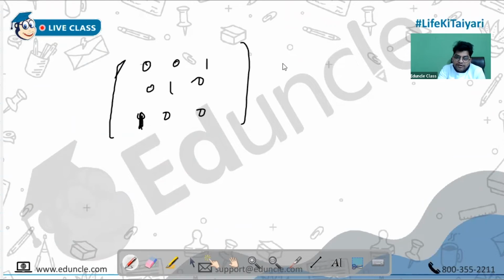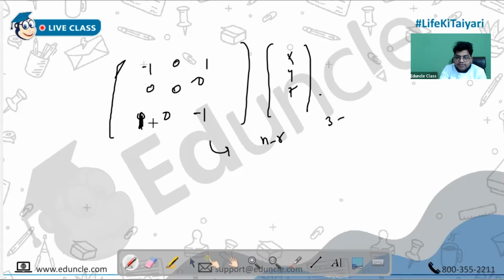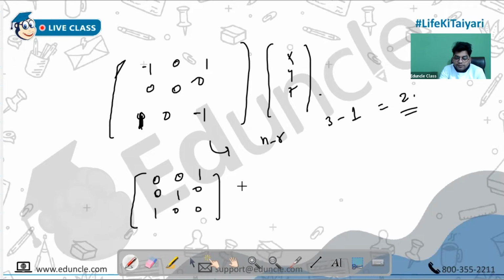Okay, we have to find the eigenspace corresponding to 1, so we subtract 1. So A minus I is minus 1 0 1, and so on. What will its eigenspace be? To find it, n minus r, where n is 3. What is the rank of this matrix? The rank of this matrix is 1, so the answer is 2. Okay, and what about 0 0 1, 0 1 0, 1 0 0 corresponding to minus 1?